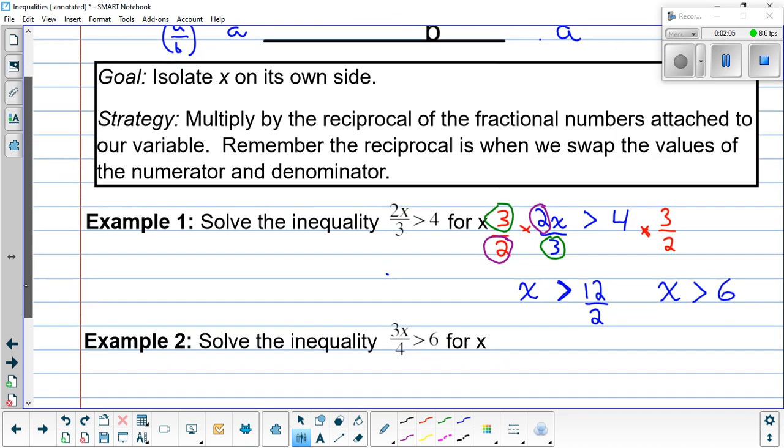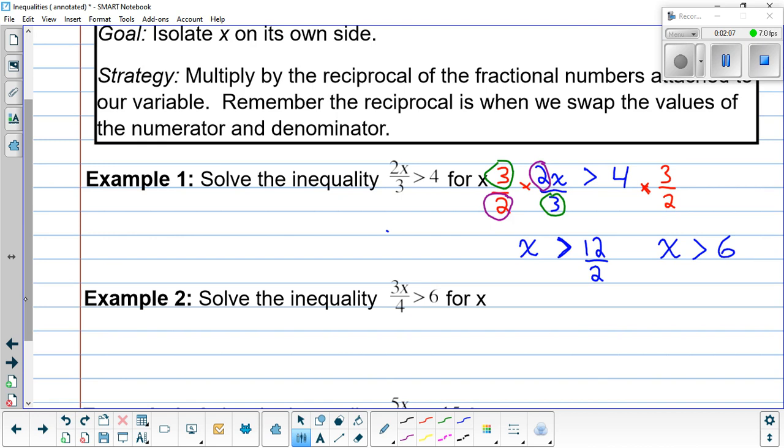With example 2, we'll look at 3x divided by 4 is greater than 6. So here we see that our reciprocal is simply 4 over 3, right? So if we have 3/4, our reciprocal is 4/3.